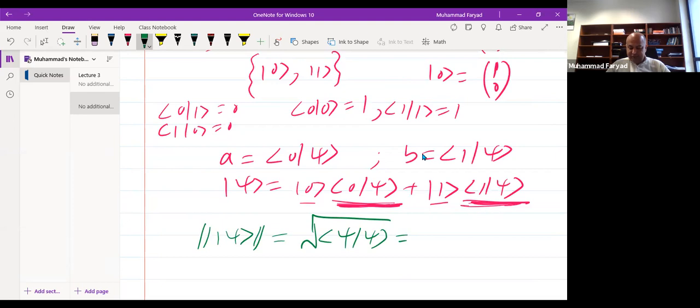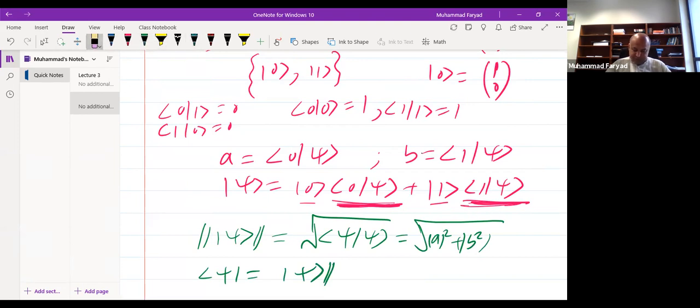In this case, it would be just the square root of A mod square plus B mod square, because this psi bra is nothing but the complex conjugate transpose of this state psi.